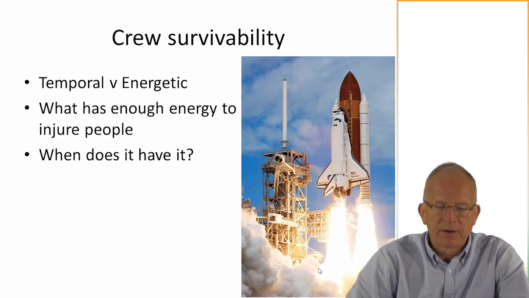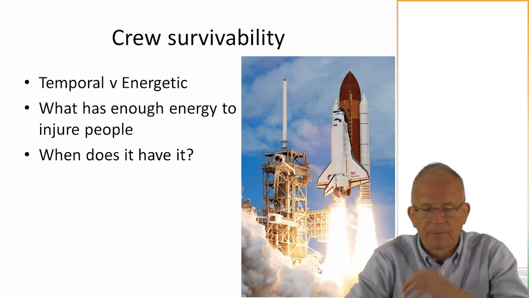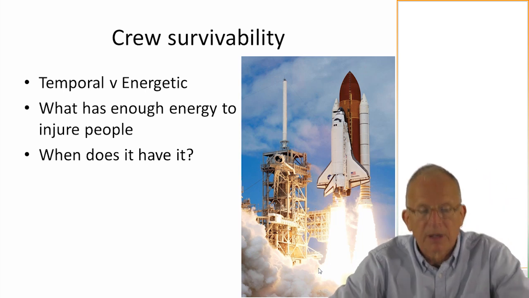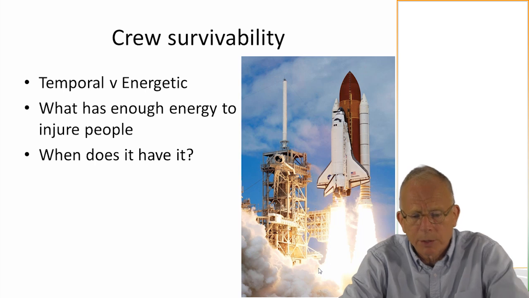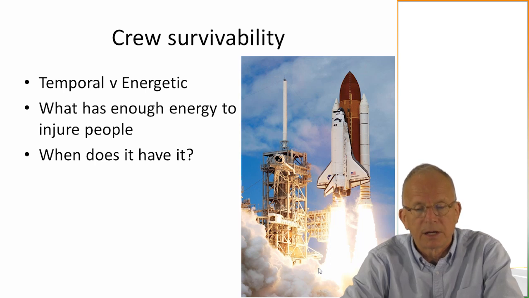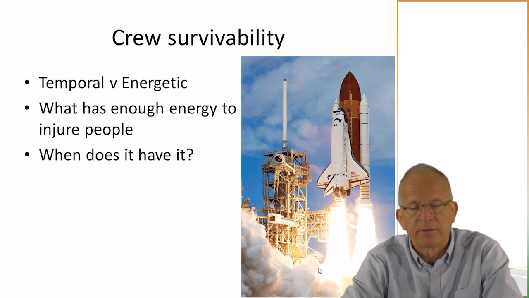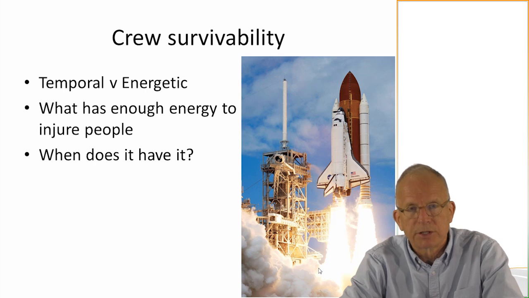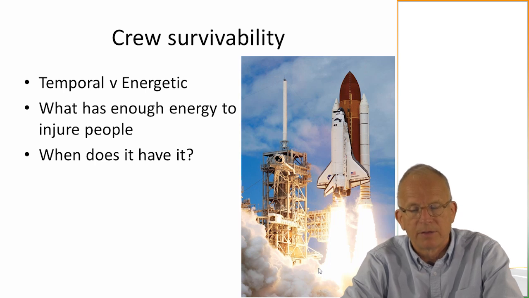So first, what is enough energy to injure people? And then as we combined these two, it seemed to make sense to do the temporal decomposition first, because certain kinds of solutions are available when it's on the launch pad. For example, just getting the crew out of the vehicle.